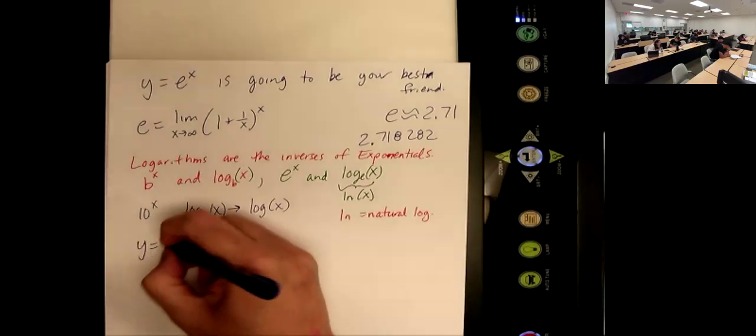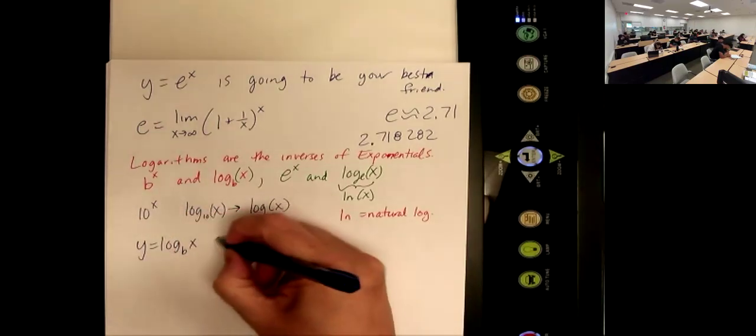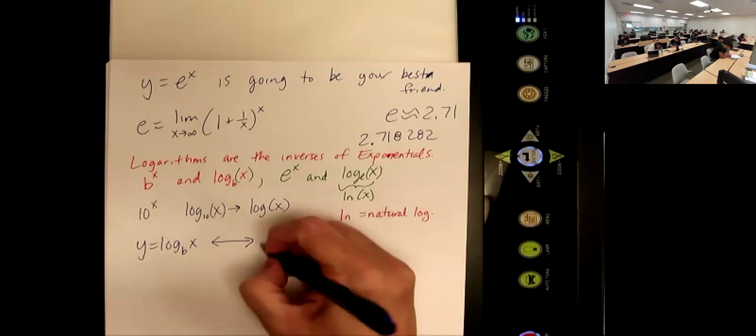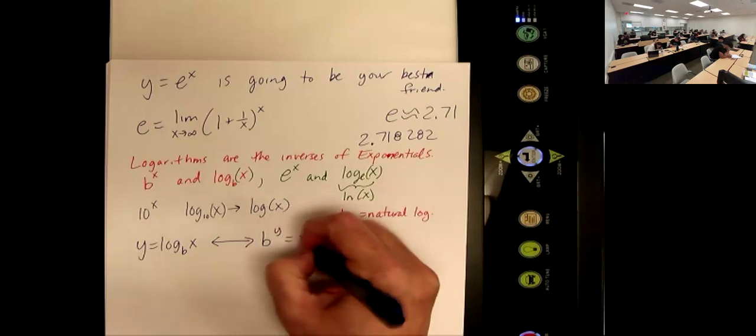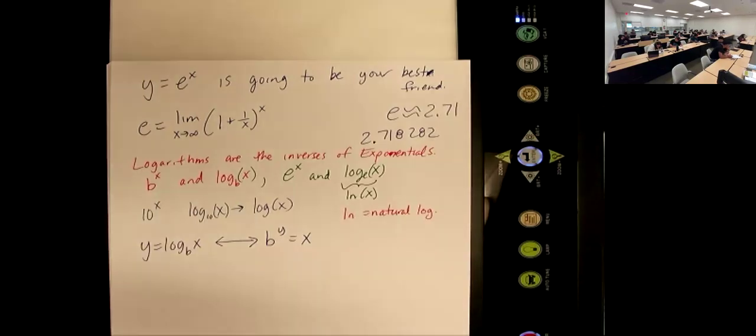So y equals log base b of x can be rewritten, not as an inverse, but rewritten as b to the y equals x. And since they're inverses, there should be flips for domain and range.